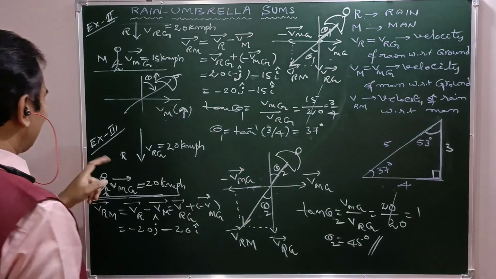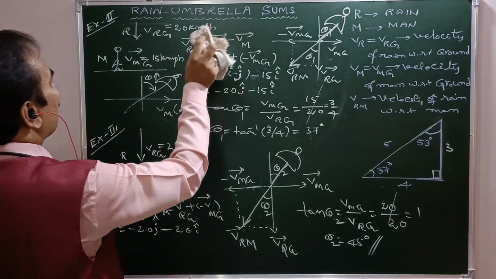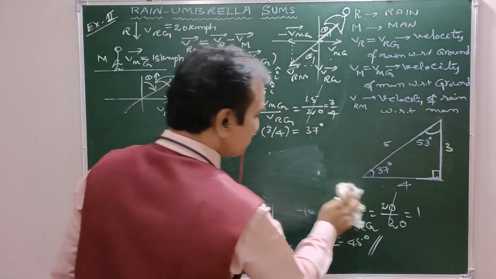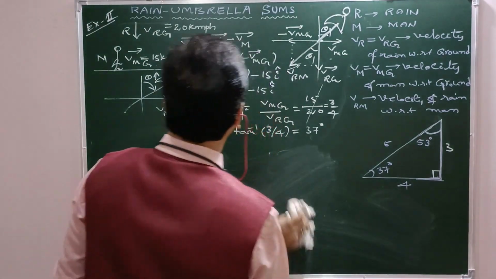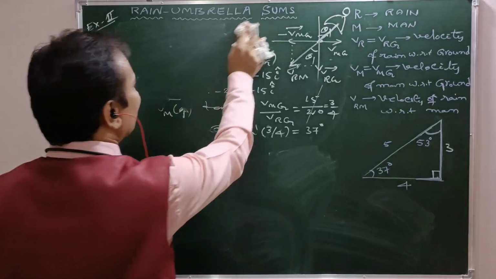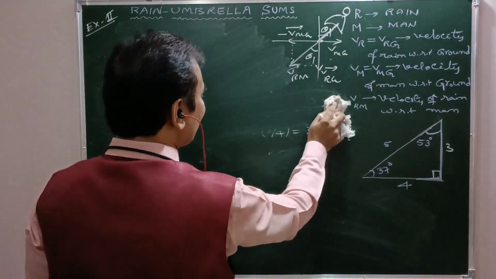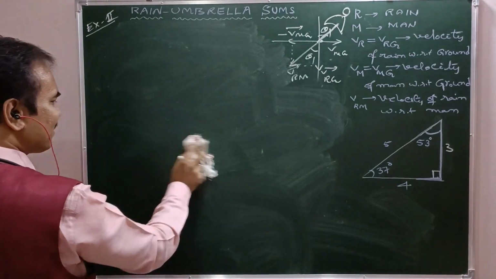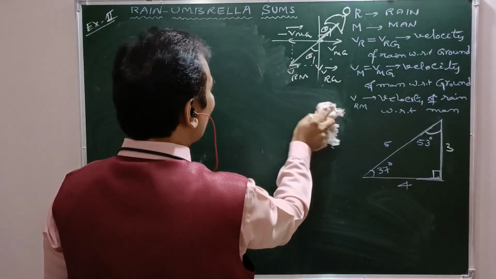Next example, that is number 4. Example number 4. In example number 4, let us see. This time, rain is not at all falling vertically downwards, right? Rain is falling slanted with the vertical or horizontal.